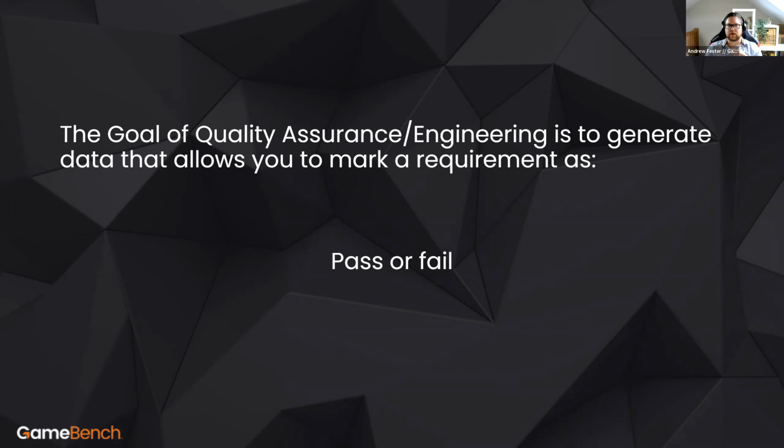To start with the absolute basics, from a QA perspective, we want to be creating data that allows you to say whether something has passed or failed a requirement. Now, from a game feature perspective, does the character move or does it not move? Very simple, pass or fail.